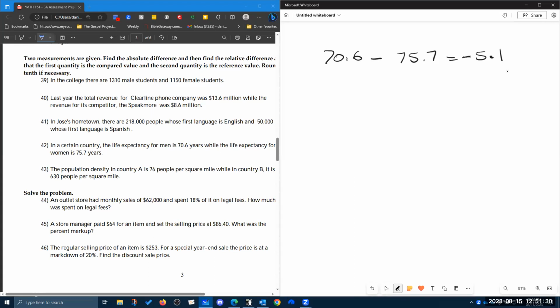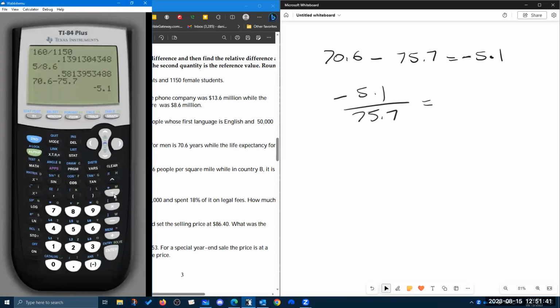I'm going to take that negative 5.1 and divide it by the 75.7 and multiply by 100% to change it to a percent change.